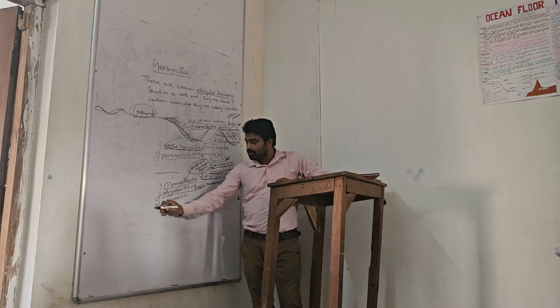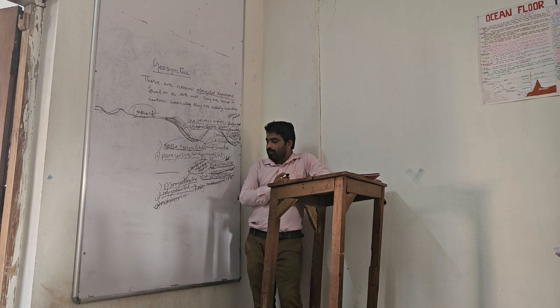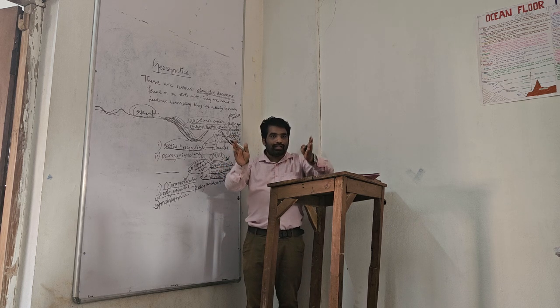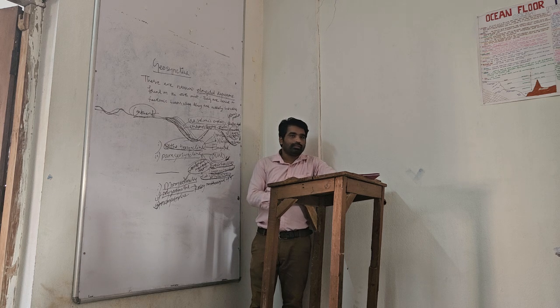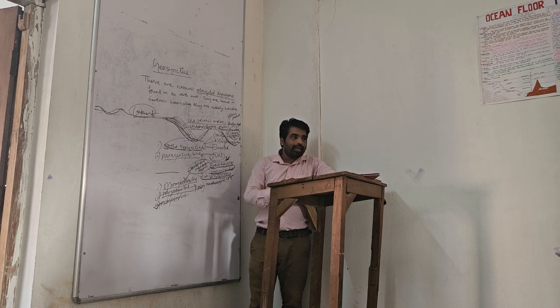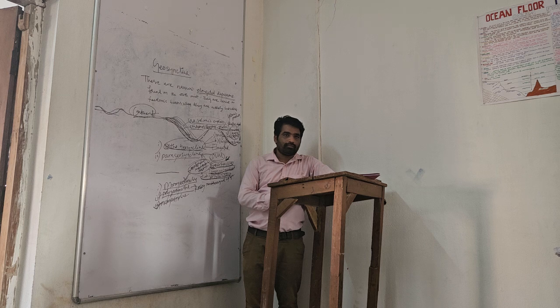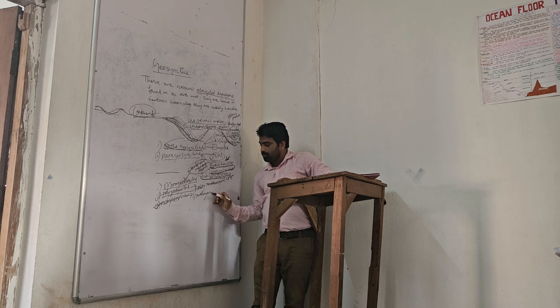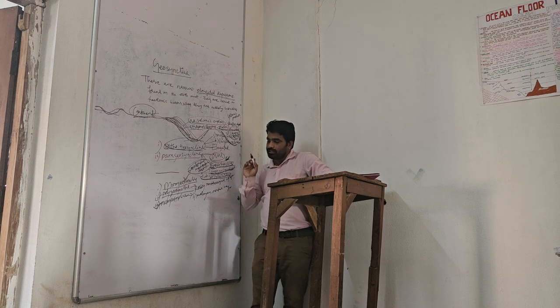And the last one is what? Mesogeosyncline. Mesogeosyncline means here the two axes of the elongated depression are not parallel, and the depressions are separated by a continent or any continental region. And this is the example of the Himalayan mountain range.